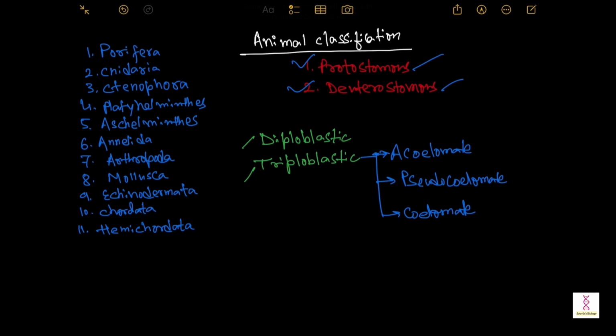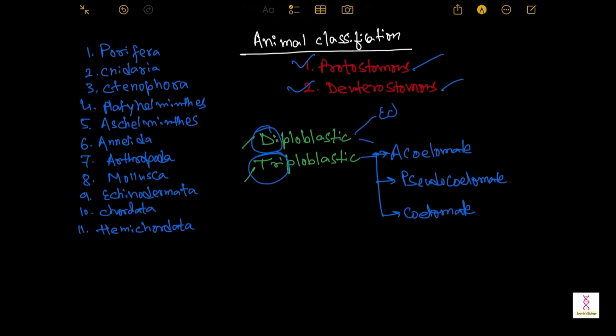Okay, now come to the second part, what are diploblastic and what are triploblastic animals. In diploblastic we are seeing di, and in triploblastic we are observing tri is present. Diploblastic animals have two types of germ layers, mainly ectoderm and endoderm.